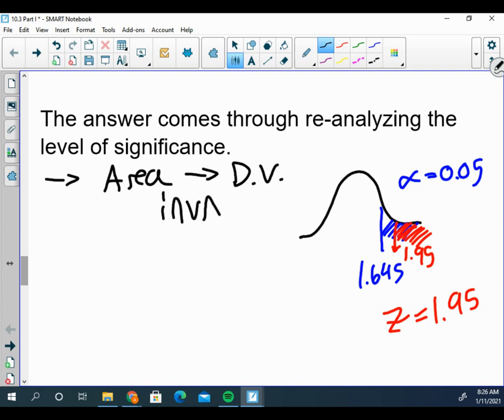What I want you thinking about is, now that we have this test statistic of 1.95, how do I find the area? I'll give you 30 seconds or so. Write down if you know the formula to use on your paper. I want to find what this red area is. I have a data value. I know the cutoff point. How am I going to do that?